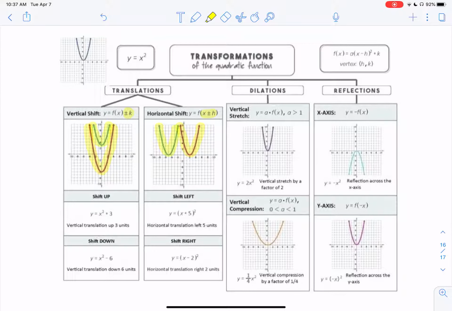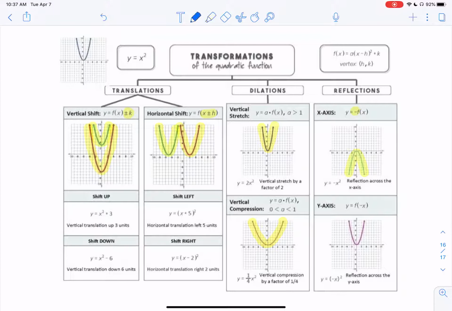And then we can have basically dilations of that parabola, getting skinnier or fatter. And then we can also reflect that parabola down by having a negative out front. Okay, so these are just some of the things that you'll come across.